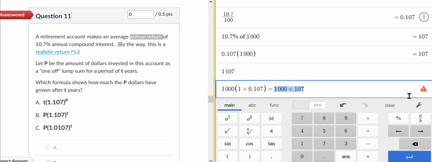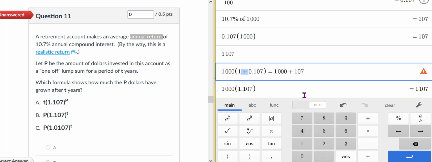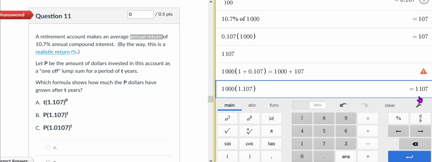So to get the amount at the end of 1 year, it's 1,000 times 1.107, and that is the key to a lot of these formulas with compound interest or exponential growth or exponential decay. You've got to think about 1 plus or minus something, right? So that's what's in there after 1 year.